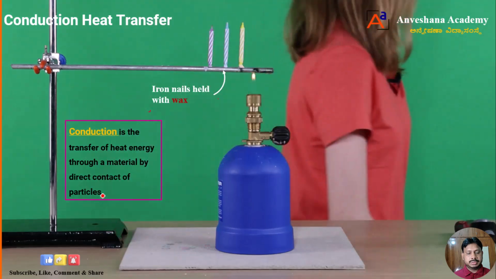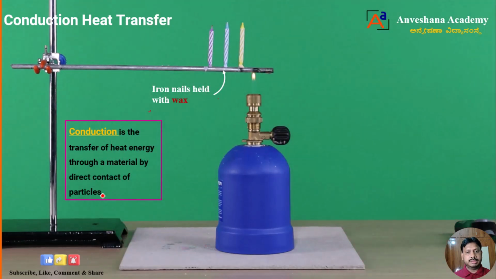So we are going to supply an amount of heat to the aluminum rod at one end. Heat will slowly transfer in the aluminum rod from the high temperature region to the low temperature region. Once the heat reaches this point, then what happens now? The wax is going to fall down. The nail attached with wax is going to fall down. Hence, we can say that conduction heat transfer takes place in the aluminum rod.